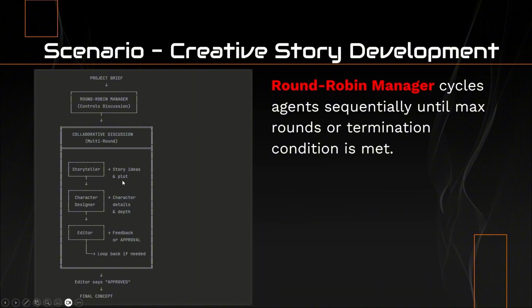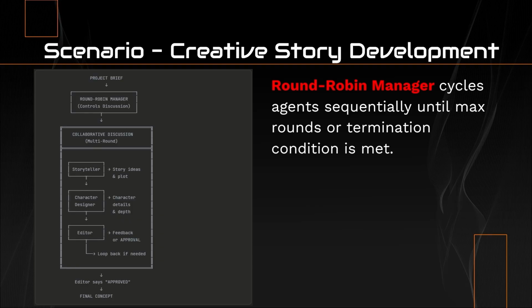And I have 3 agents inside this discussion. A storyteller, which is good in story ideas and plot. A character designer knows about the character details and depths. An editor shares the feedback or tells me whether the output is acceptable or not.